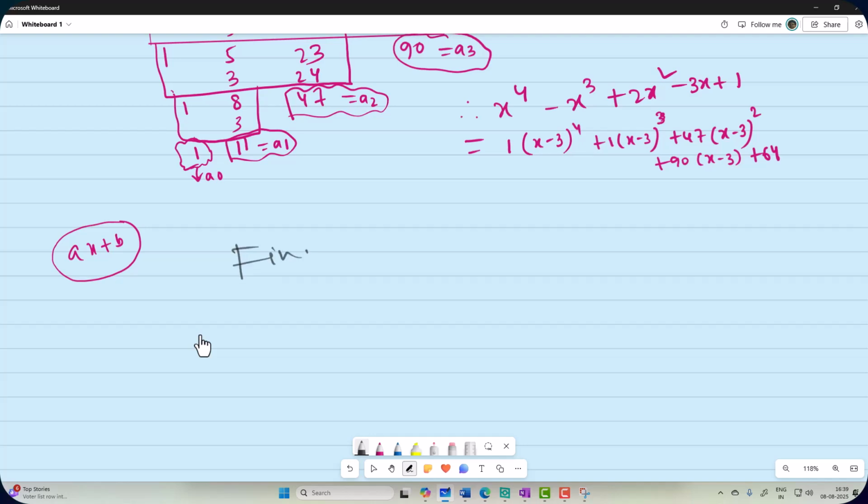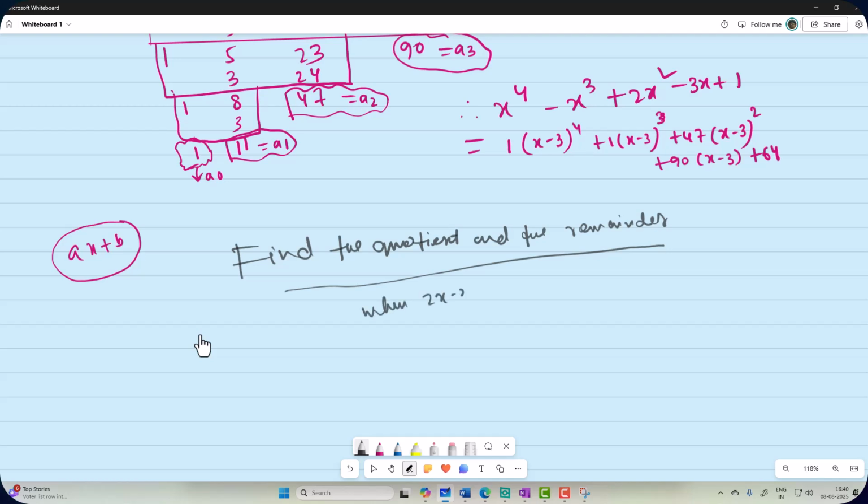Find the quotient and the remainder when 2x minus 3 divides 2x to the power 4 minus 6x cubed plus 7x square minus 5x plus 1.